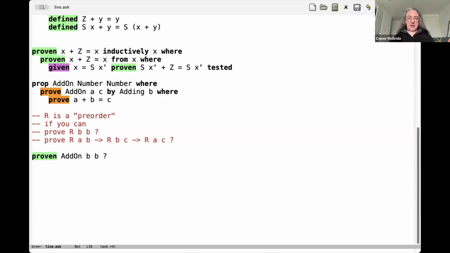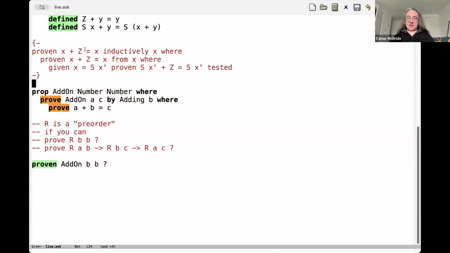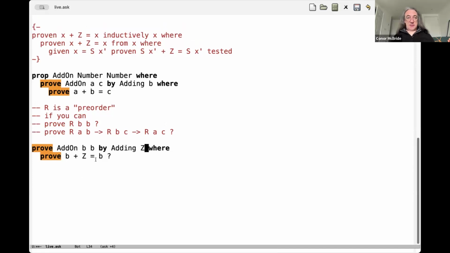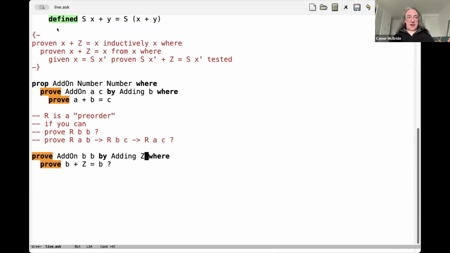Right. So let me comment out this perfectly standard monoid law. So we're being asked to prove add on B B. We decided we were going to do that by adding 0, and it asked us to prove one of the monoid laws. So what do I do?